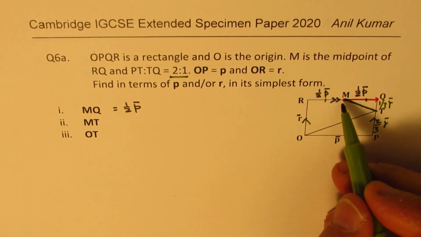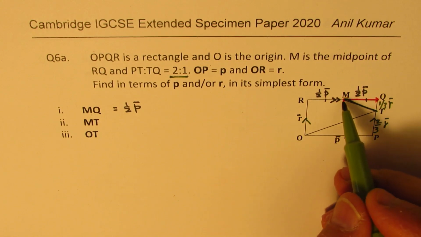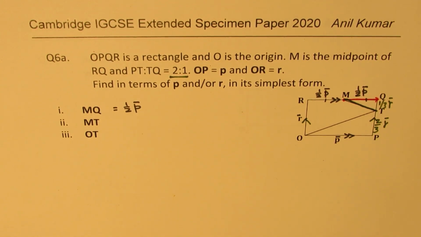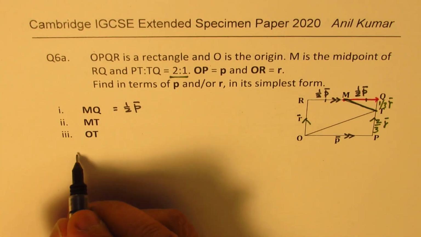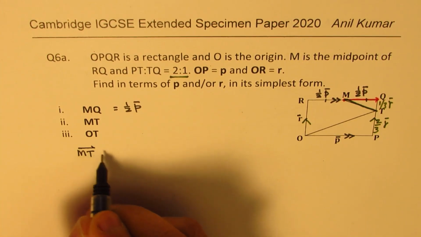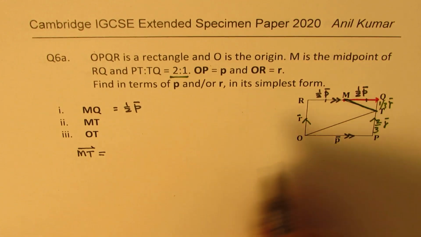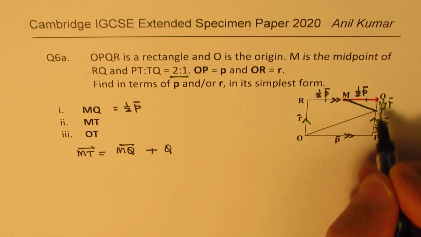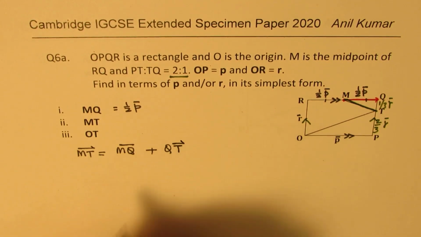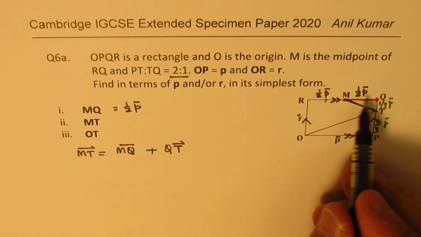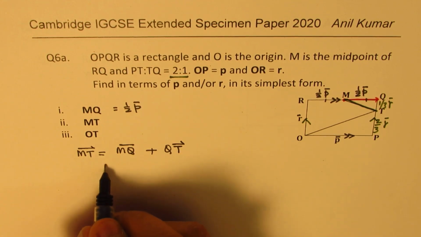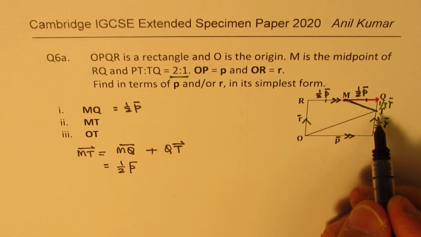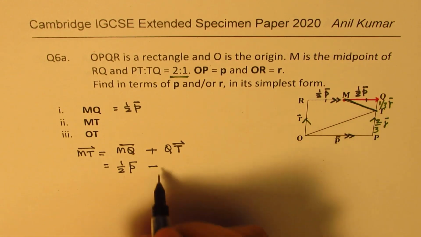So if you look into MT, it should be MQ and QT, right? So I could write MT equals MQ plus QT, right? Now MQ is half p, so this is equal to half of p, and QT could be written as minus TQ.